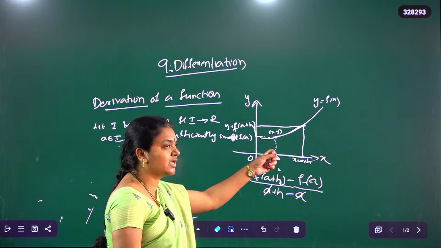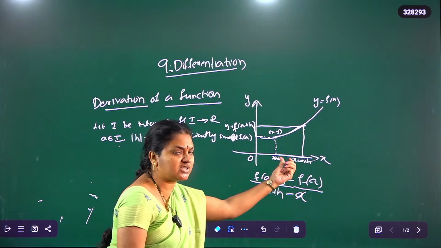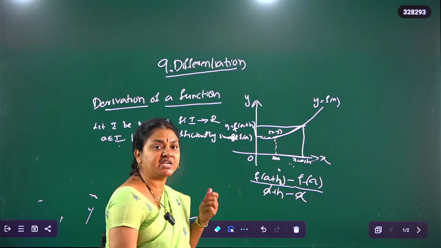So this h value is near to 0. It is tending to 0.